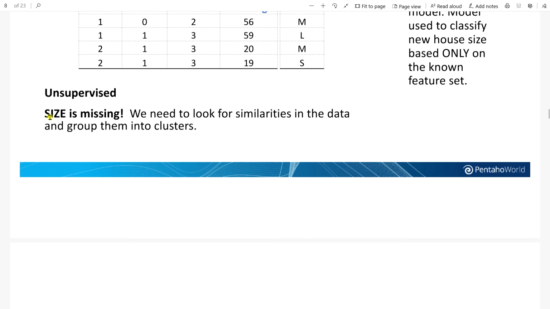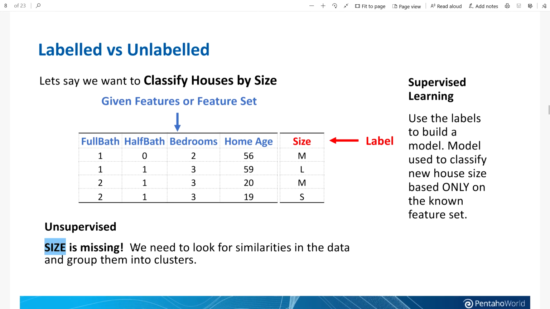In unsupervised learning, size is missing, but we can look for similarities in our data. If there is a bathroom, a bedroom, and the home age is not that old, we can say it's smaller, or if it's a really old home, it could be bigger.